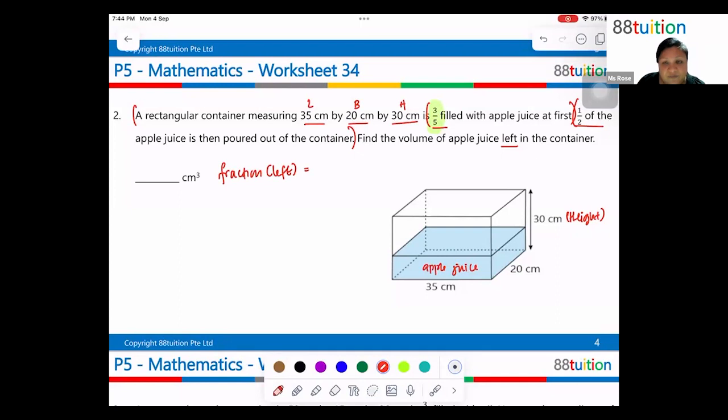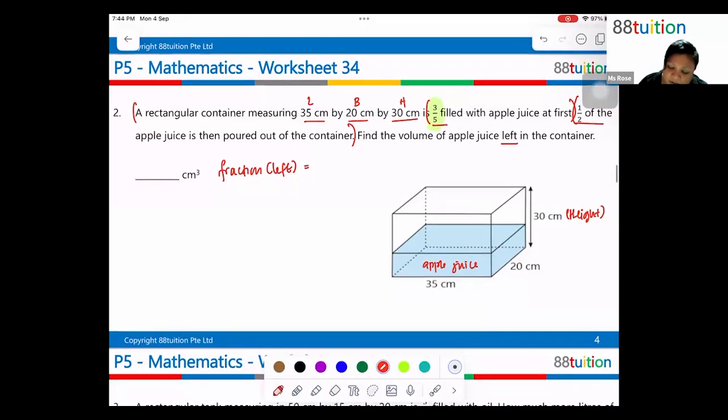So it is 3/5 filled, and then half of the apple juice is poured out. Anyone? What do you think is left? Half? Let me see. 0.5, no. Okay, so we know that it is 3 out of 5 filled with apple juice, right?